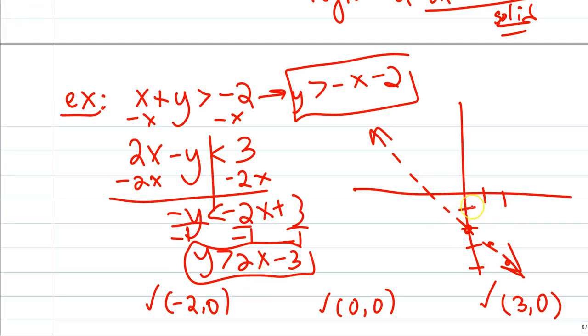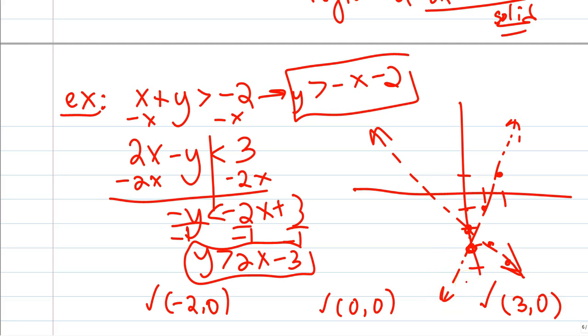Second one has a y-intercept of negative 3 and a slope of up 2 over 1. If you made the line solid again, go back and erase it. Because what? This was a dashed line. This was not equal to. So the line should be dashed.